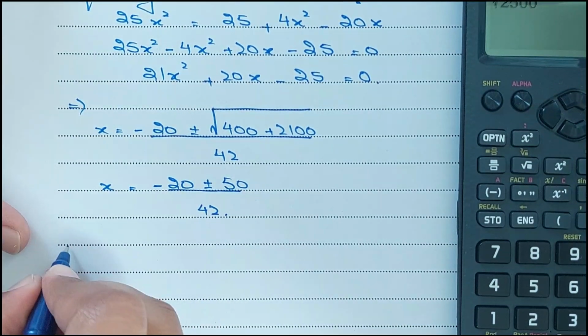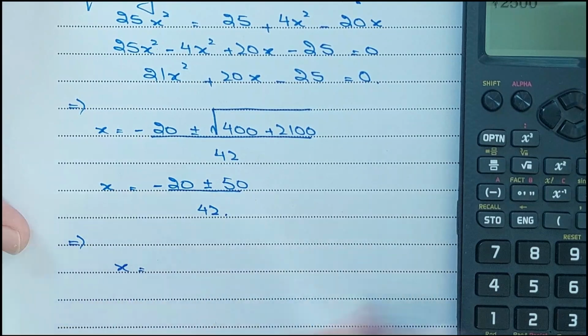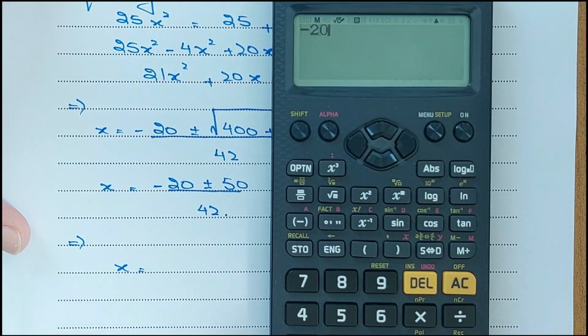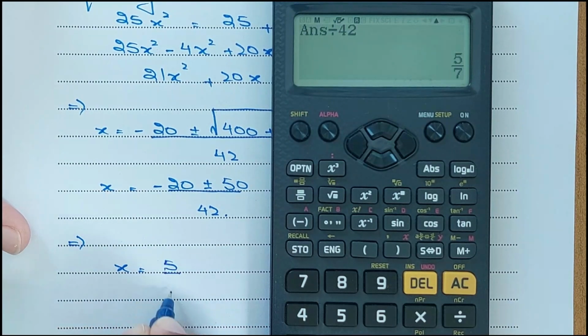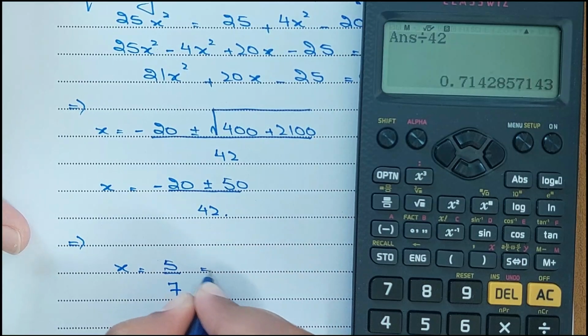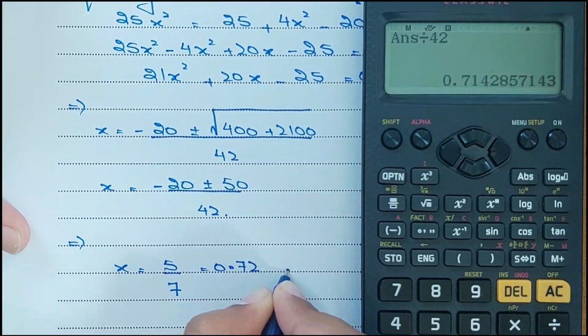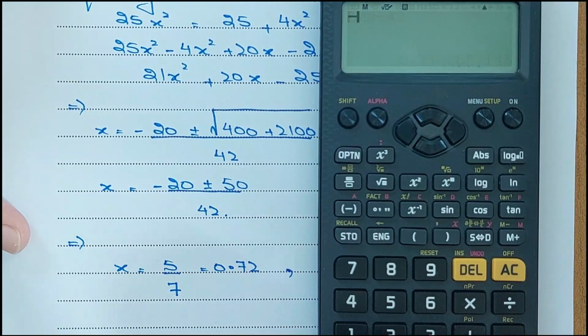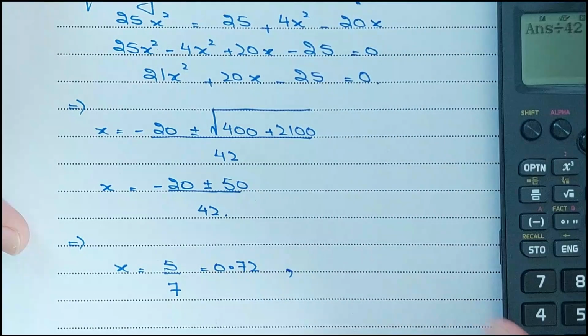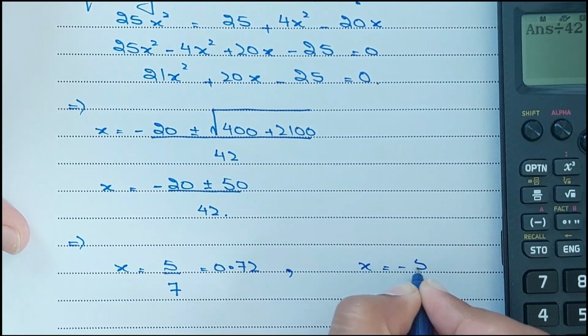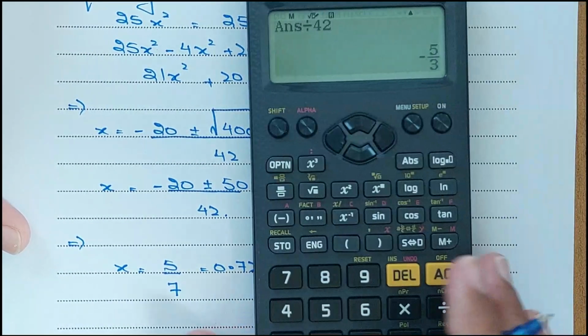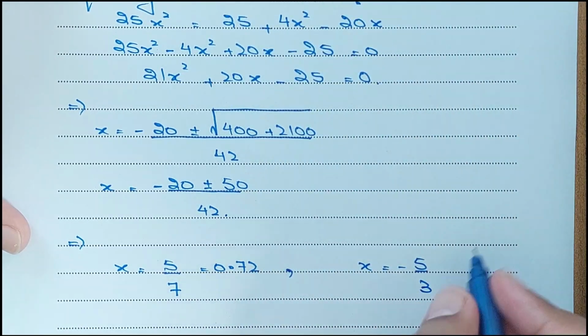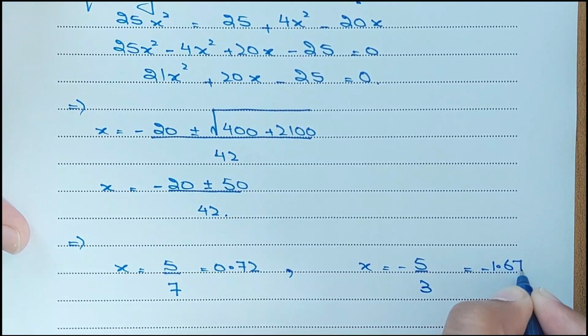Let me solve for the two x values. We have (-20 + 50)/42, which is 5/7, which is 0.72, and the other is (-20 - 50)/42, which is -5/3, which is -1.67.